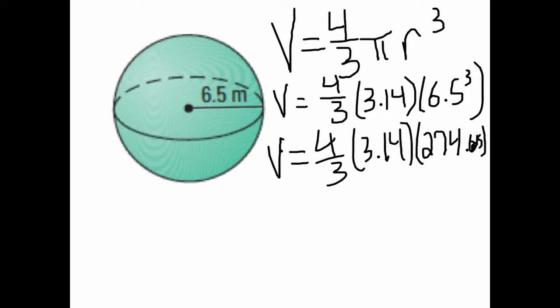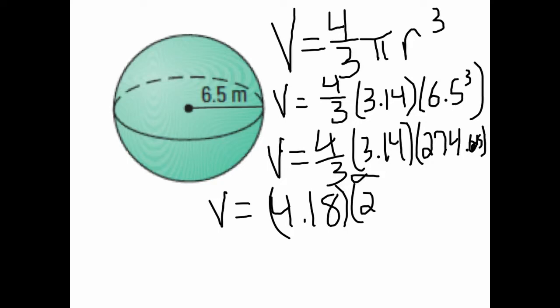Now, I'm just going to multiply this straight across. Volume equals, if I do 4/3 times 3.14, that's going to give me 4.18.